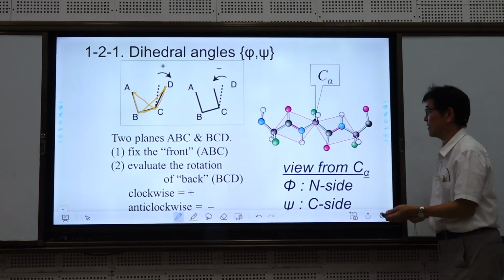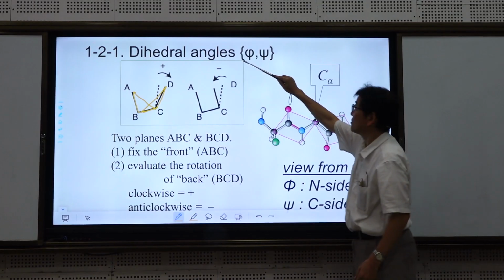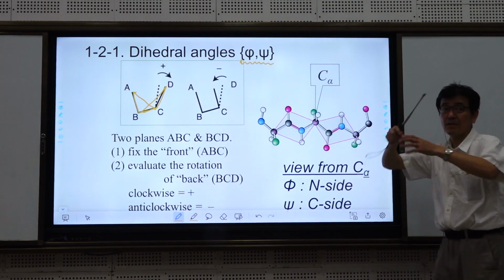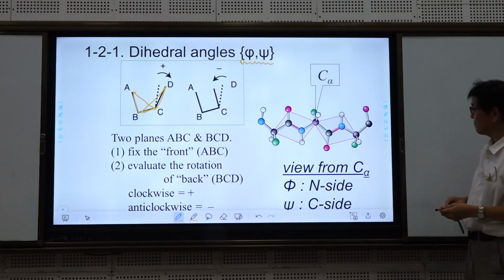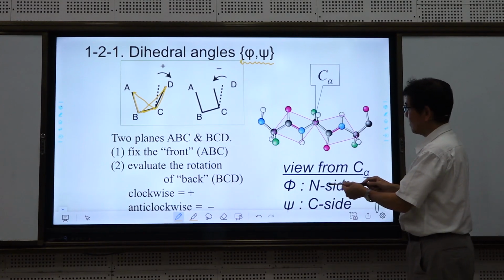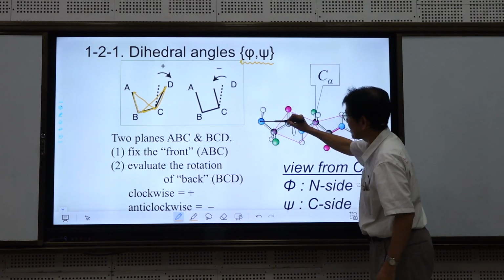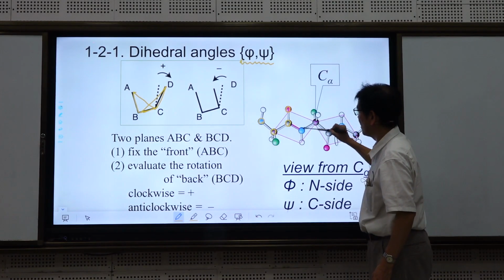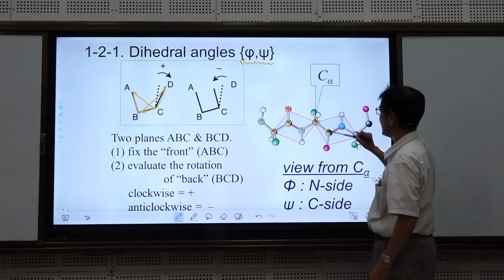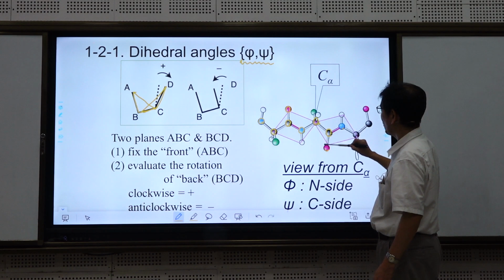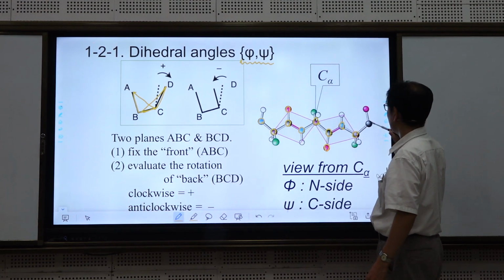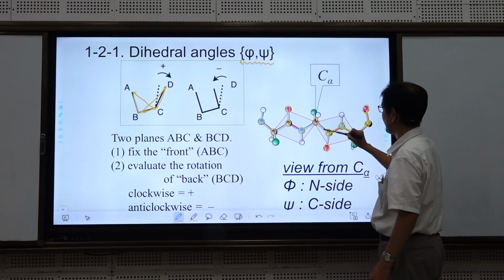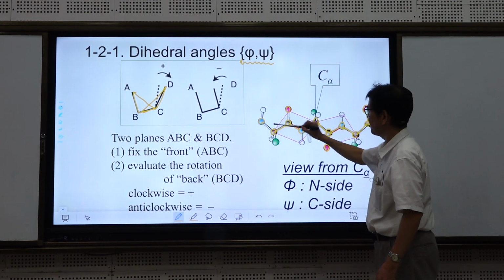And in the case of the peptide main chain, we use two dihedral angles to indicate the structure. Okay, this is N, C, C, O. So this is the main chain, right?